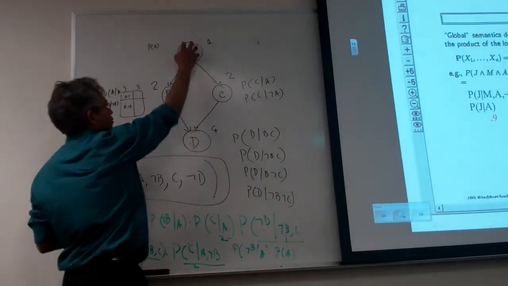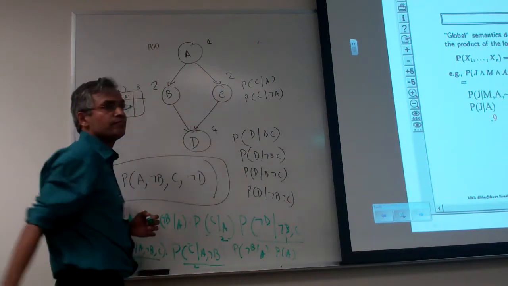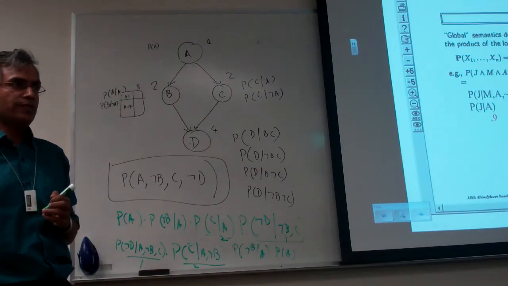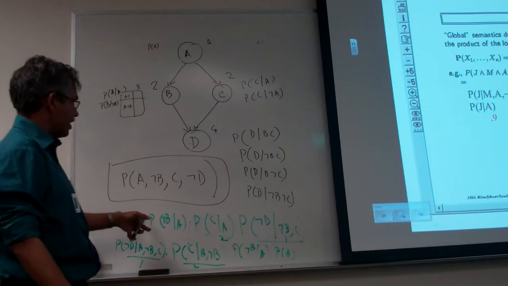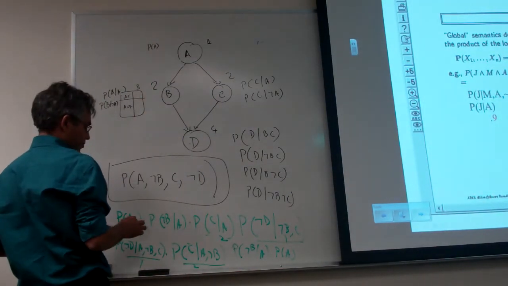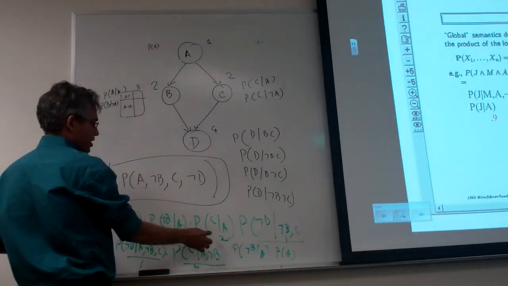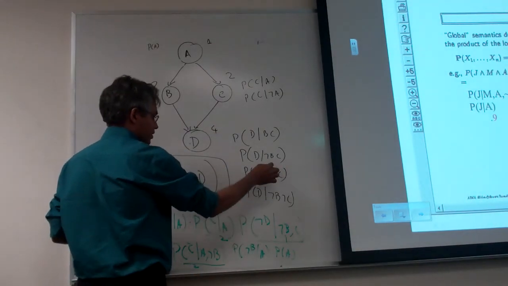And so it should be P of A times P of B given A times P of C given A times P of D given B and C. You see what I'm saying? That's what I just wrote first. And these numbers are present. So for example, this is present here, this is present here, this is present here, this is present.